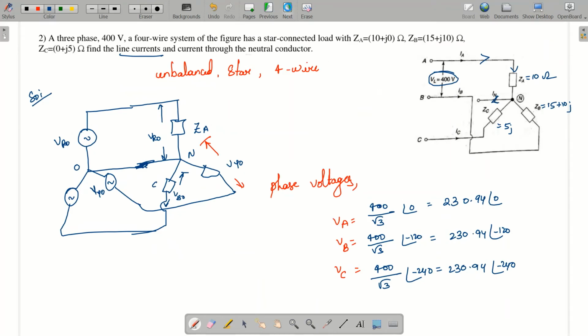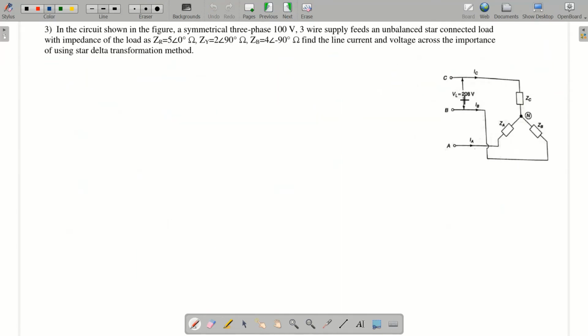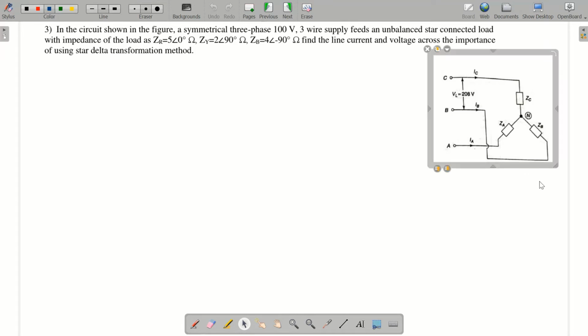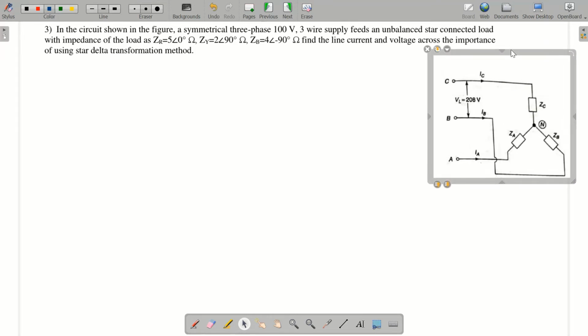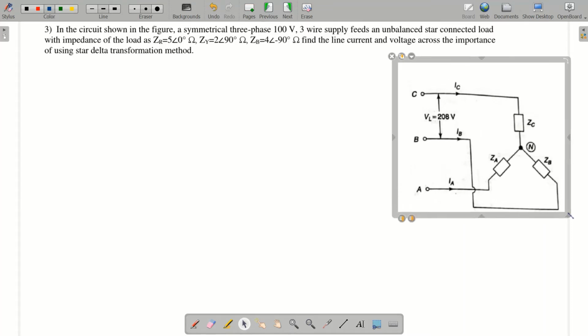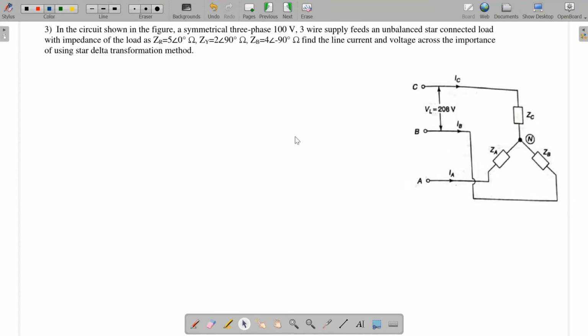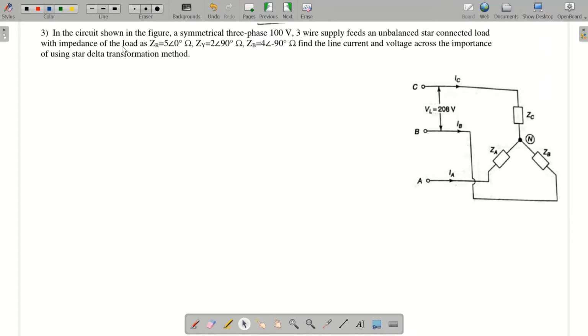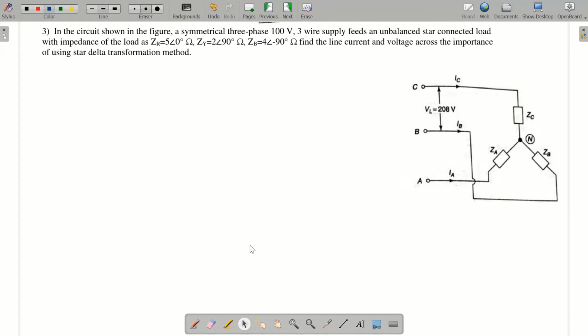Okay. So, let us solve the third problem. Now the toughness of the problem increases as they have given an unbalanced load. We have two methods by which we can solve the unbalanced load, but we will see what they have asked in the question, whether they are asking by using Millman's theorem or star delta transformation.